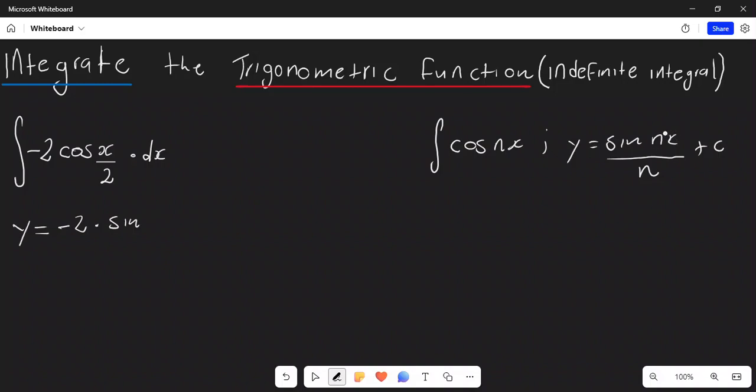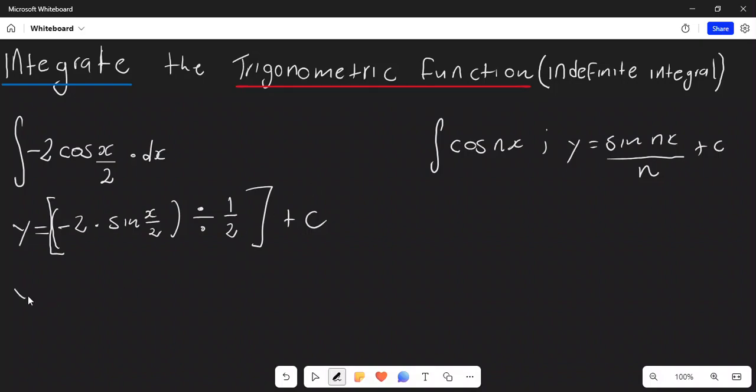Then our n, which is 1 over 2, or you can say x over 2, so you can write it like that, it's still fine. Then this is divided by n, which is half. And then do not forget this plus c. So c basically means that this is a constant, and also indicates that these are indefinite integrals.